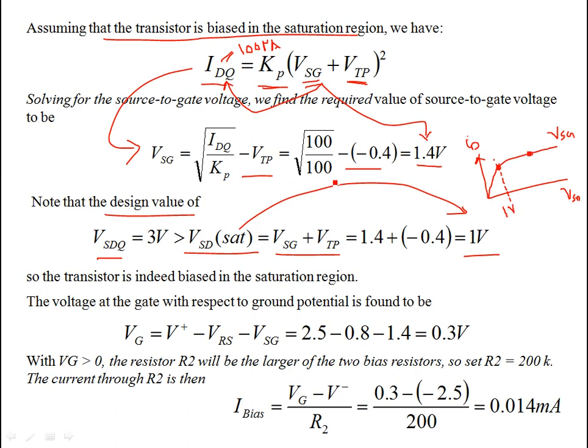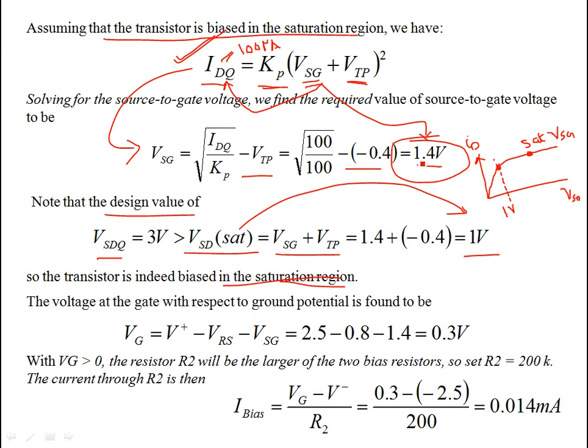So for VSD, you're already in the SAT region. The purpose of validating this point was that our current equation, using this assumption, was correct. As a consequence, we have a correct value of VSG, that is 1.4 volts. So yes, the transistor is indeed biased in the saturation region.